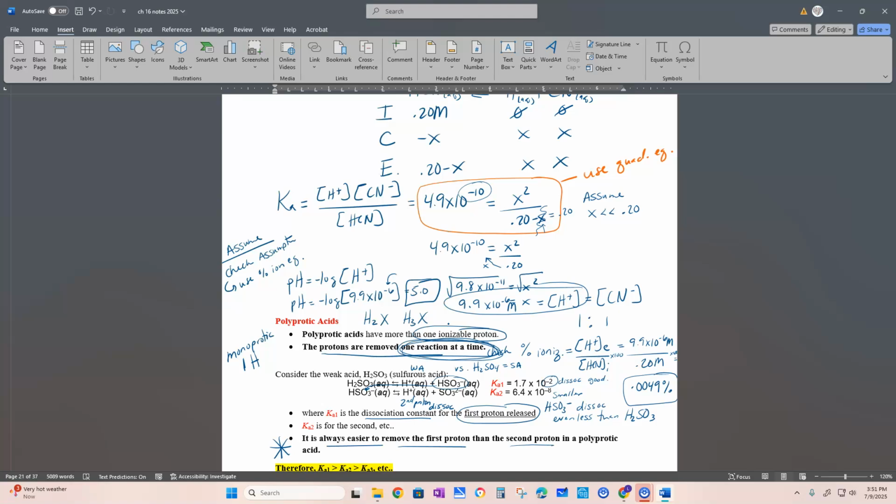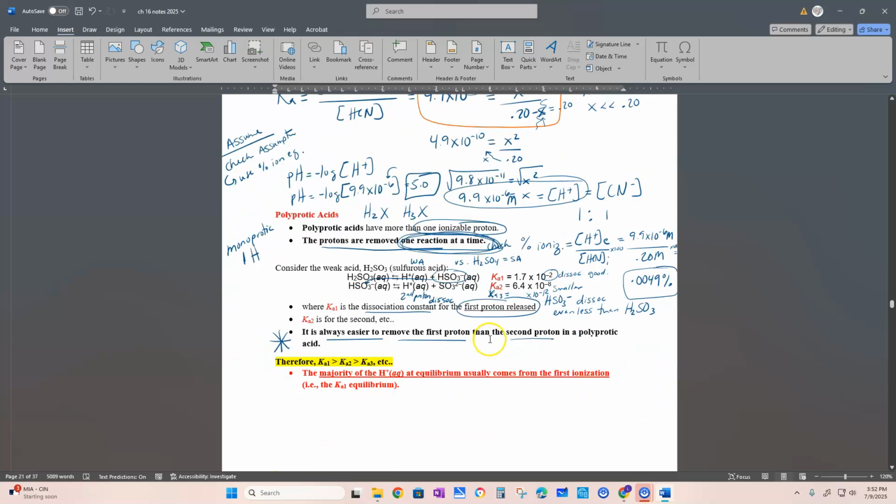So if I actually had a Ka3, I just know that exponent is going to be, I'm just making a guess here, maybe negative 12, 13, negative 14, 15. I just know it's going to get even smaller and smaller. Therefore, the majority of the H concentration at equilibrium usually comes from that very first ionization.